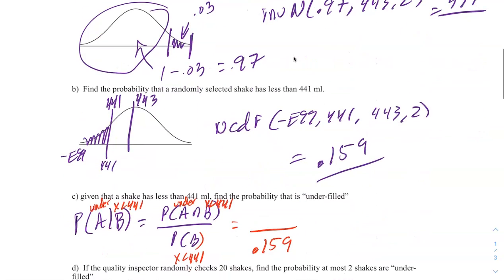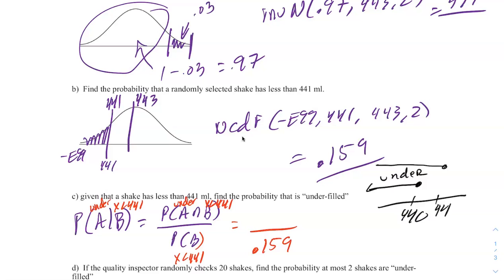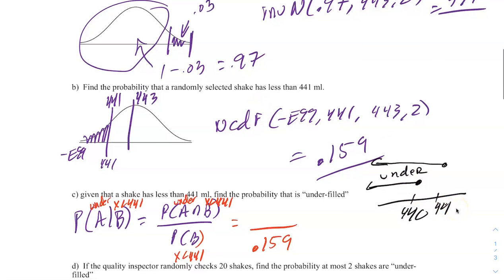Like we do with a number line, here's 440, less than that is underfilled. Here's 441, and less than 441 is this part.